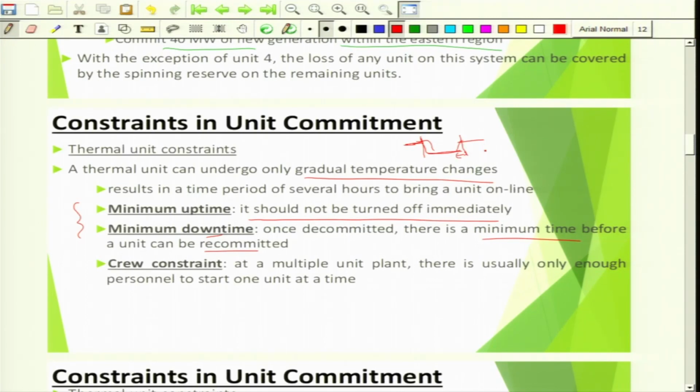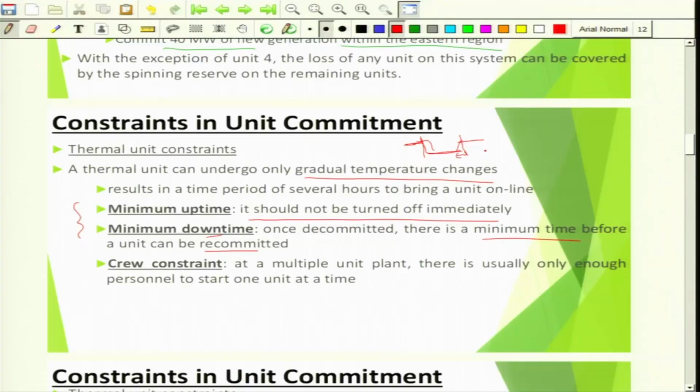You want to switch it on immediately, but the generator is suggesting it is not possible, it takes more time to turn it on. That is called minimum downtime. Minimum uptime is relevant to the turning off process, minimum downtime is relevant to the turning on process. Got it? And there is another constraint, which is crew constraint.